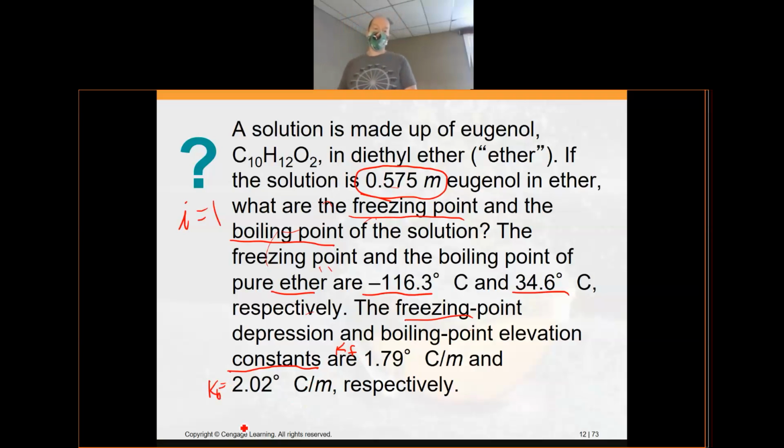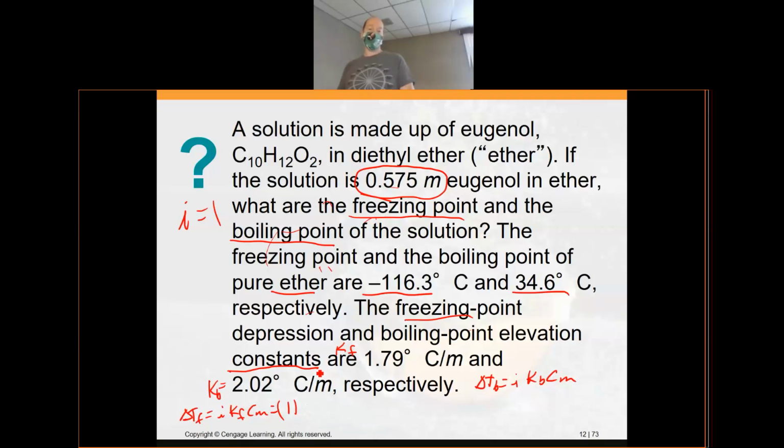All right, and so now it's a very, very simple equation because we know delta T sub F is equal to i Kf C sub m. And they gave us everything that we needed. And our delta T sub B is equal to i Kb C sub m. And again, they gave us everything we needed. We have an organic compound. We do not have an ionic compound. It is a molecular organic compound.